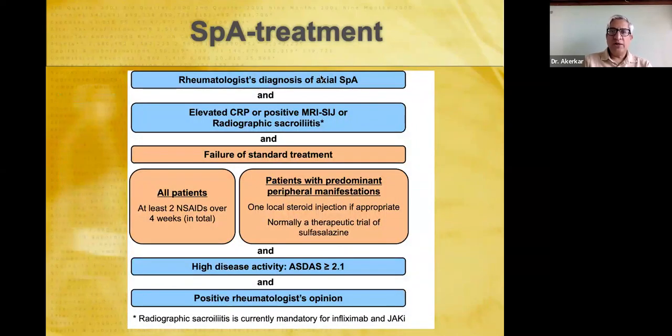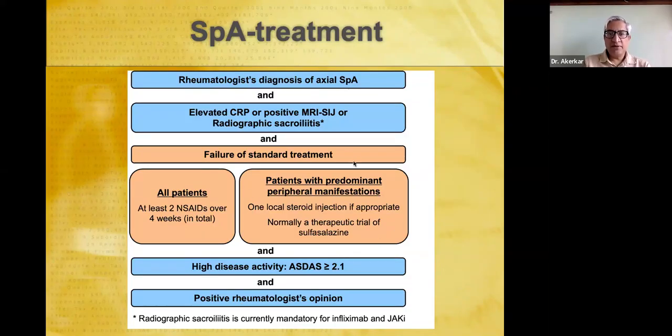So once you have a diagnosis of axial SpA, you have definitive evidence, lab evidence for that, then the patient will receive at least 2 NSAIDs over 4 weeks. Not 2 NSAIDs at the same time, but one NSAID at full dose for at least 4 weeks. If it doesn't work, a second NSAID at full dose for at least 4 weeks. If things don't settle, then you move on to the next treatment options.